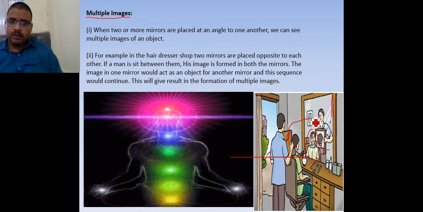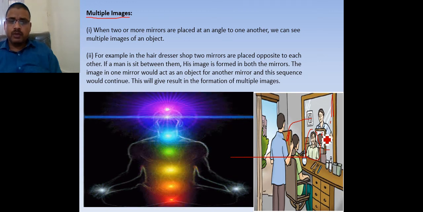When they are parallel, this person can observe his image in this particular mirror. So multiple images are formed when the two mirrors are either parallel to one another or perpendicular to one another. Here again multiple images will be formed.